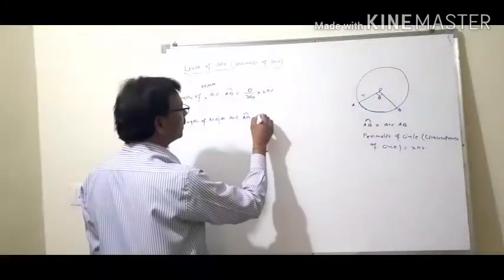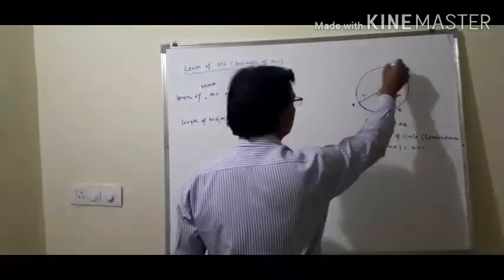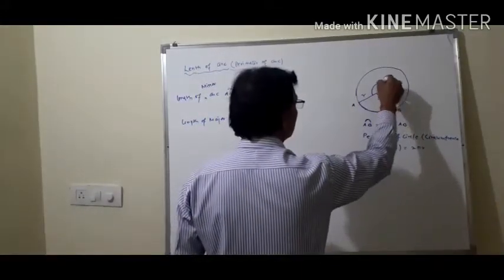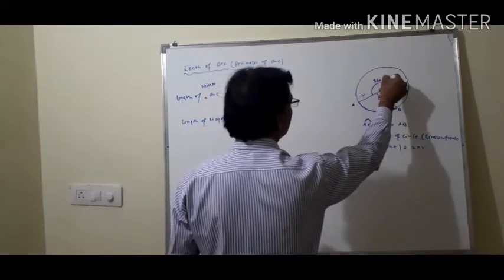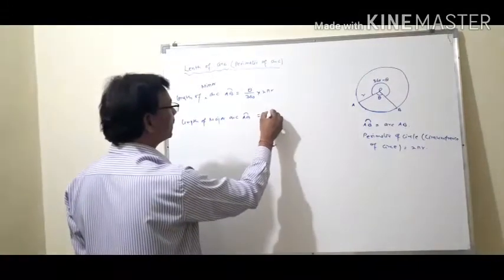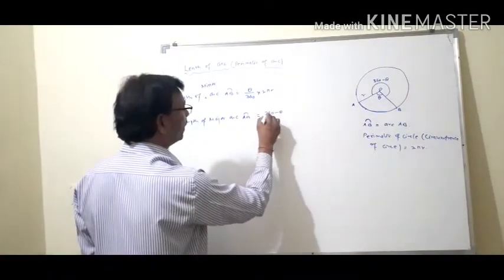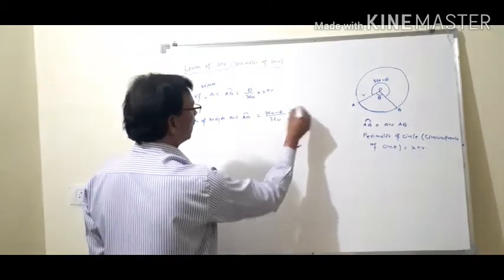Theta means the angle subtended by this major arc on the center of the circle, so this angle will be 360 minus theta. That means we can write 360 minus theta whole upon 360 into 2 pi r.